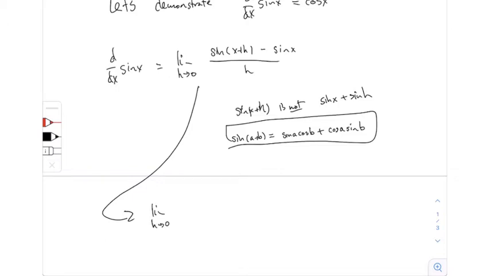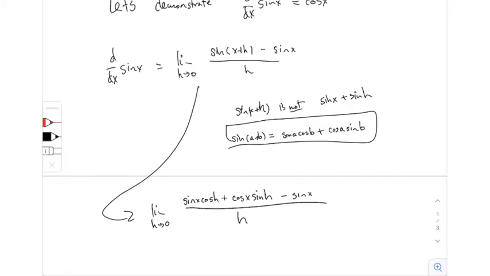Sine of x plus h becomes sine x cosine h plus cosine x sine h. There's a nice little symmetry to that, I guess. And then it says minus sine x. So now I'm continuing up there. All of this divided by h.